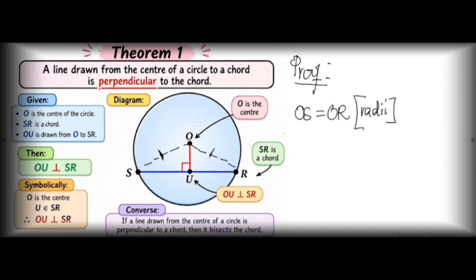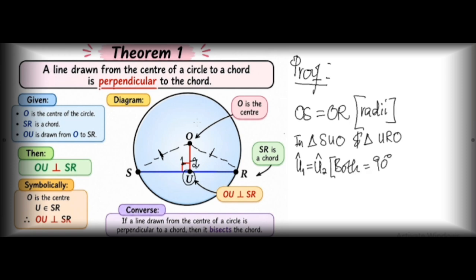So we'll say, in triangle SUO and triangle URO, angle U1 is equal to angle U2. Reason being, they are both equal to 90 degrees. Remember, angles on a straight line, meaning this one will also be 90 degrees. So 90 plus 90 equals 180 degrees.